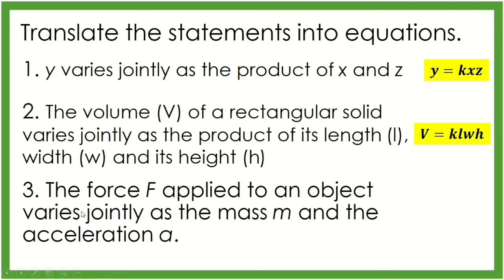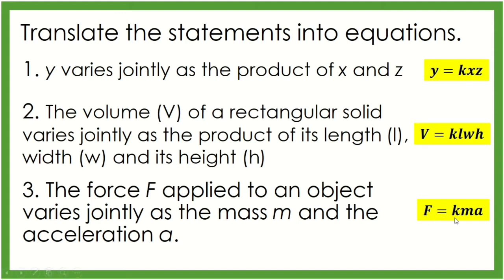Number 3, the force F applied to an object varies jointly as the mass M and the acceleration A. This is translated as F equals K times M times A. F stands for force, so ito yung first quantity or first variable.